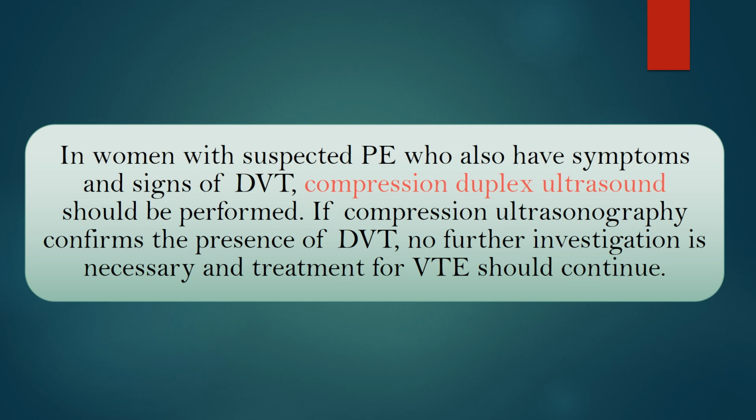In women with suspected pulmonary embolism who also have symptoms and signs of DVT, compression duplex ultrasound should be performed. If compression ultrasonography confirms the presence of DVT, no further investigation is necessary and treatment for VTE should continue.